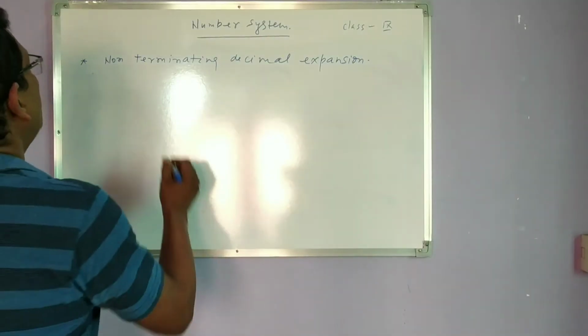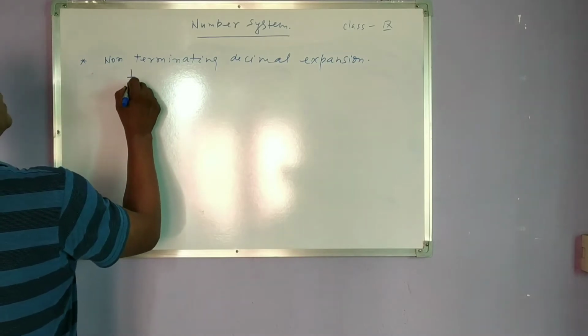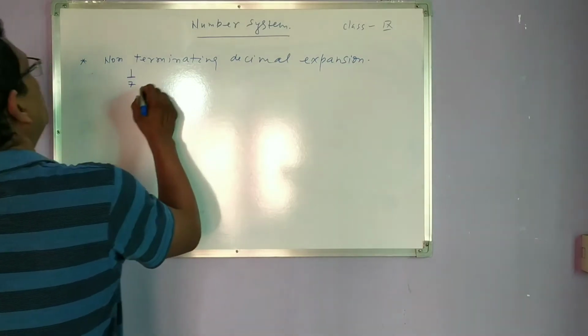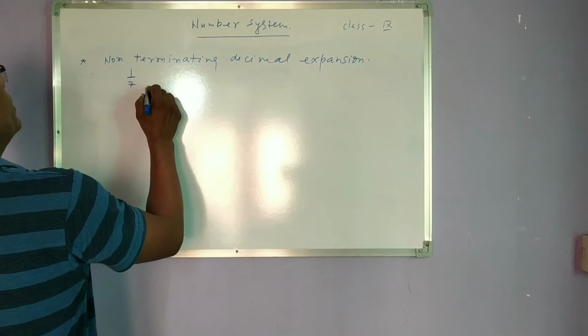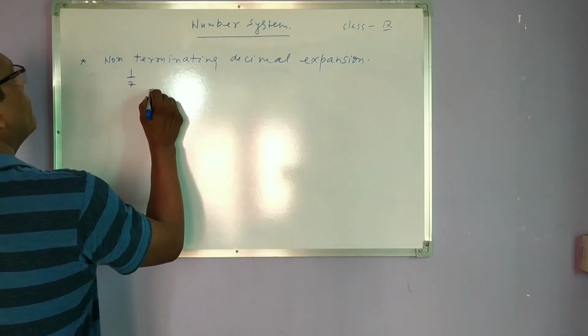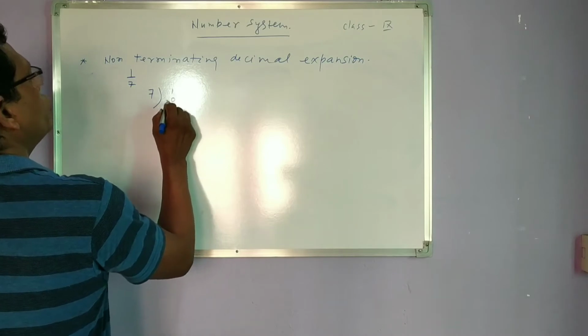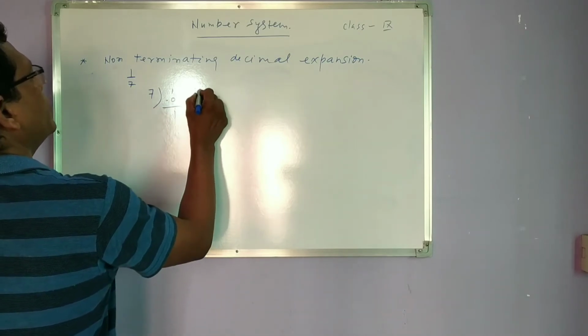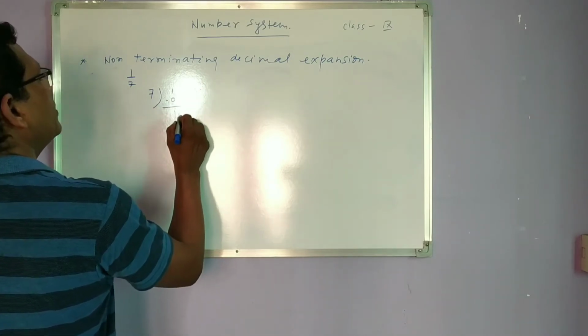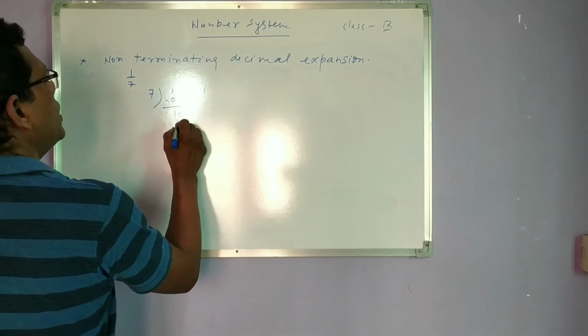Now we take another example, 1 by 7. So divide 1 by 7. So 0 times 7 is 0, put a decimal, then 10, 7 times 1 is 7.